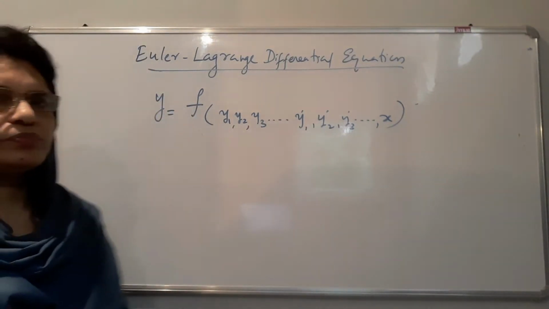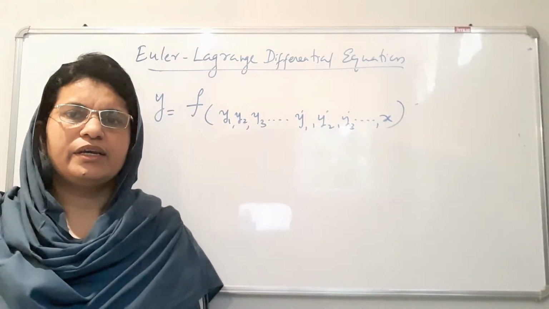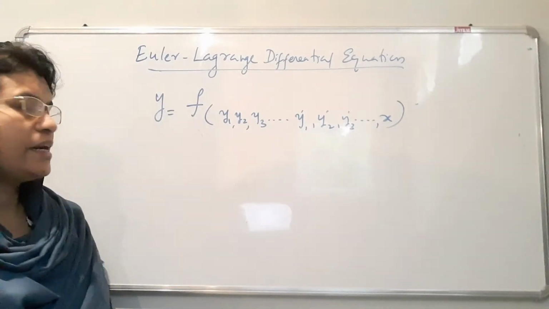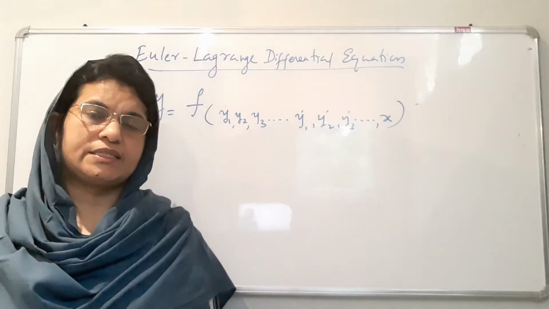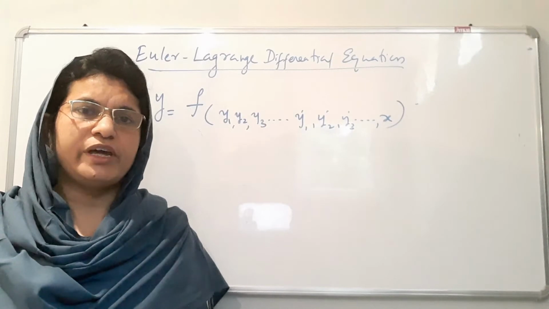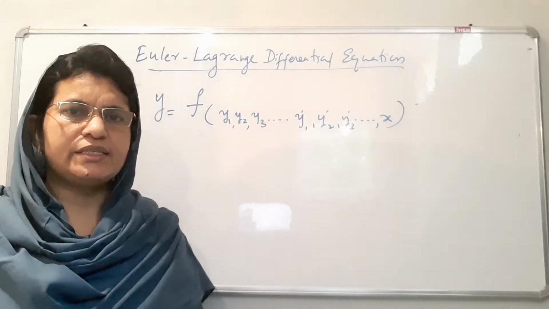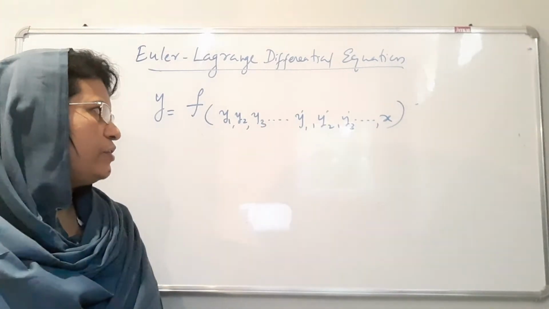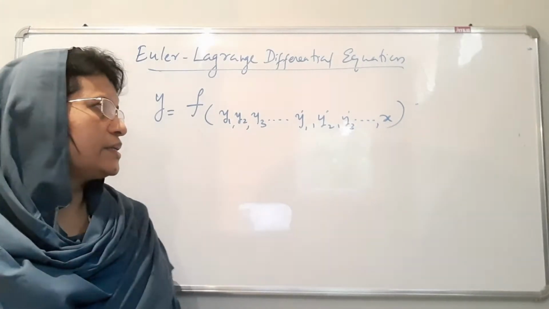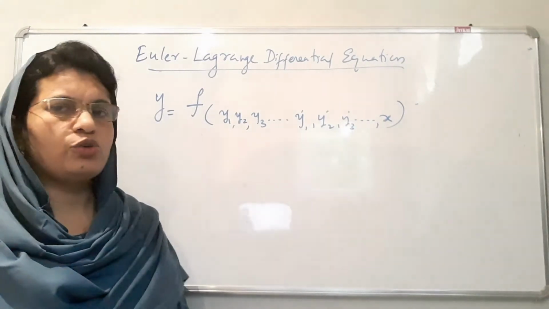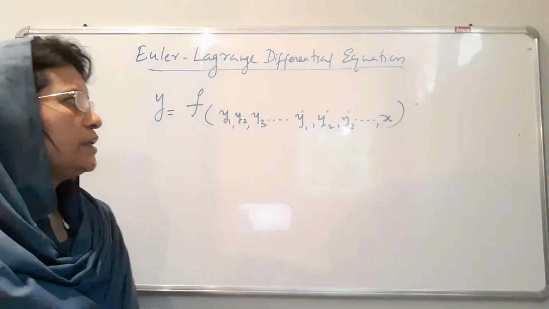This is the function. In the previous case, we have taken a function of y dot and x. Here we have taken a function of not only a single yj, that is y1, y2, y3, etc., comma y1 dot, y2 dot, y3 dot, etc., and x.